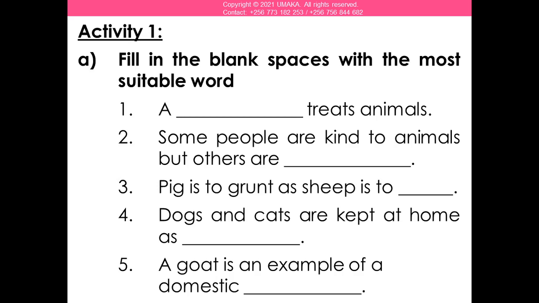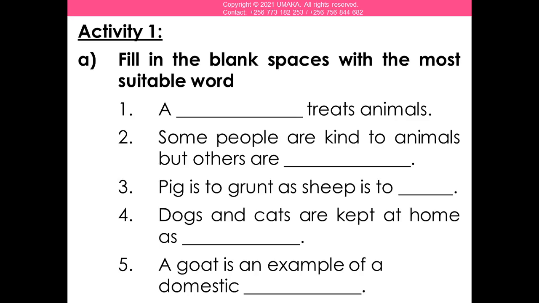So a pig grunts. A sound made by a pig is to grunt. What of that of a sheep? That's what they want you to answer. Number 4, dogs and cats are kept at home as dash. Why do we keep them? How are they kept? They are kept as what? And then number 5, a goat is an example of a domestic dash.